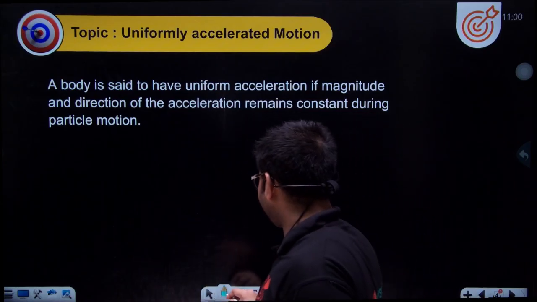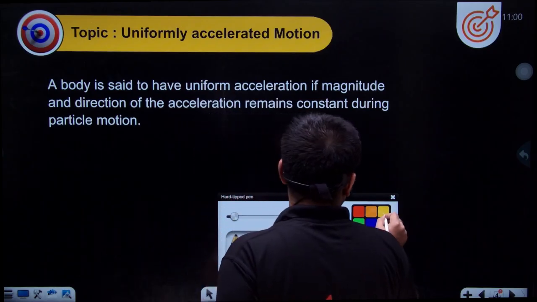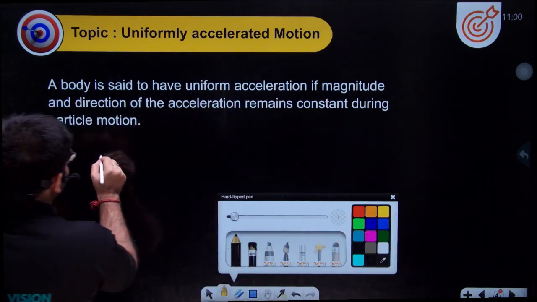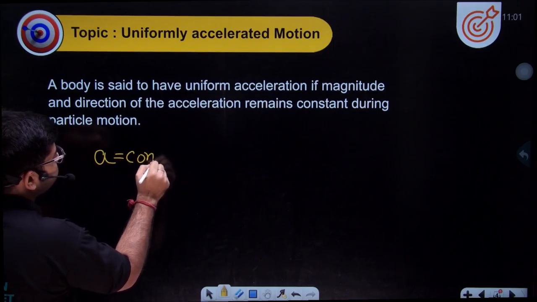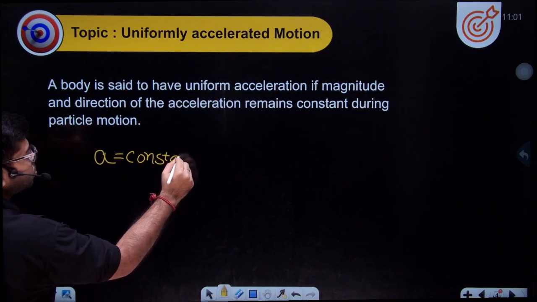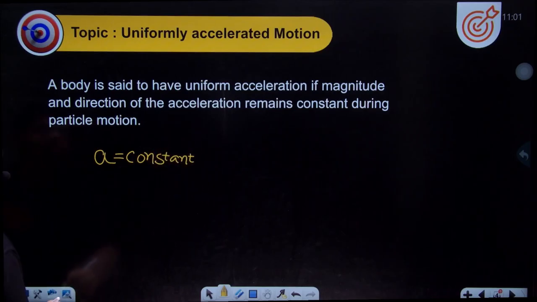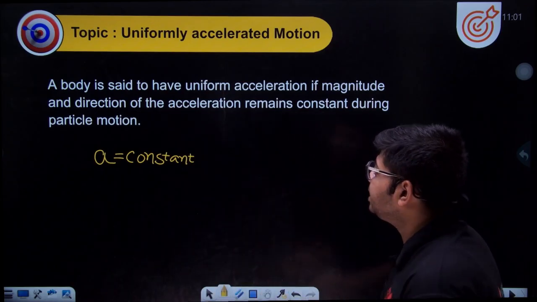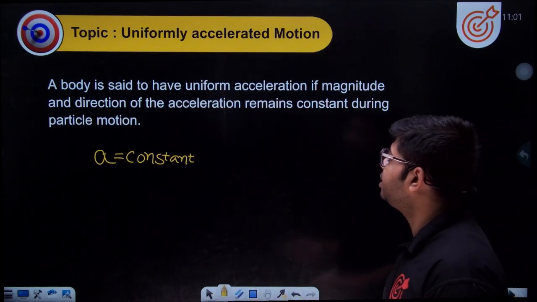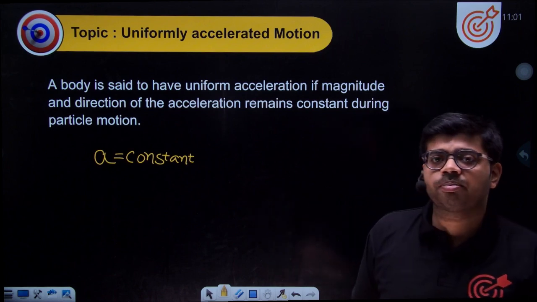So what I can write here is a is equal to constant in this case. A body is said to have uniform acceleration if the magnitude and direction of the acceleration remain constant during the particle motion.